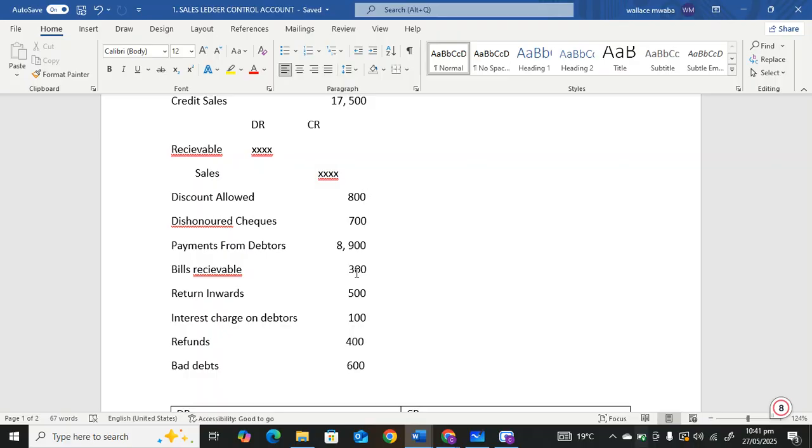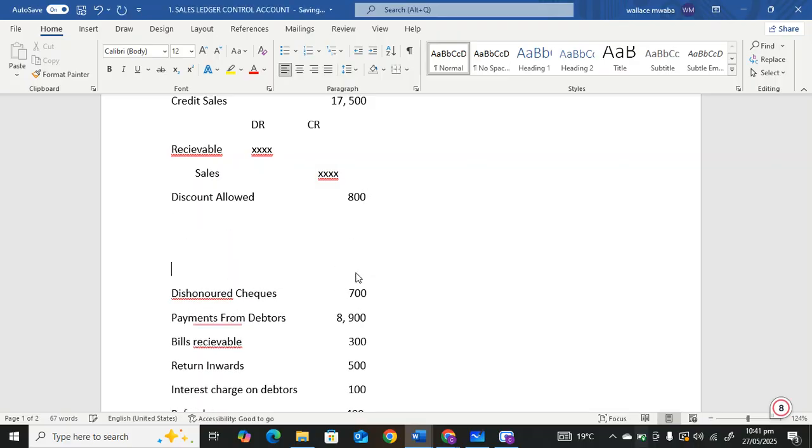So to us, the business, is it treated like a gain or an expense? Yes, an expense, because you are receiving less from what the customer owes you.